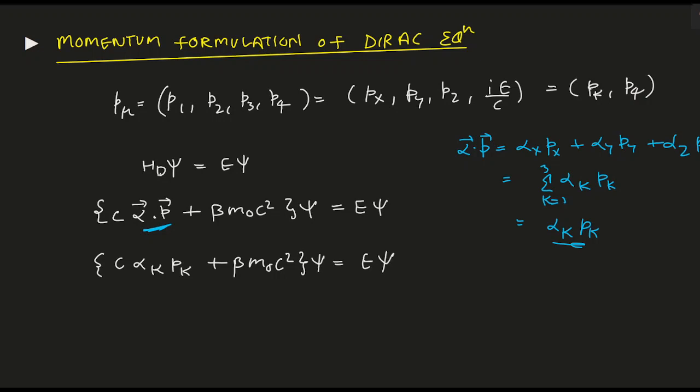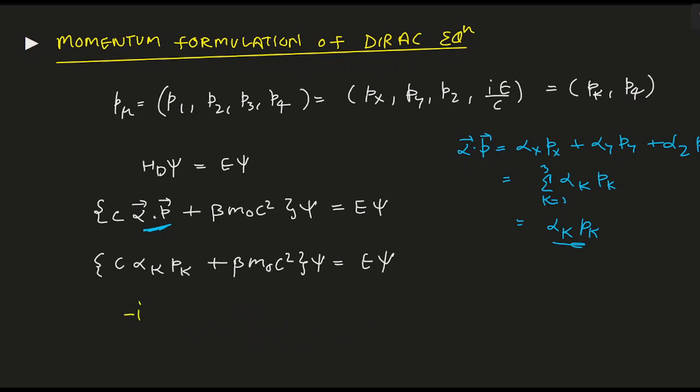Nice. Now it is a usual practice in relativistic quantum mechanics, whenever you see alpha k, you try to change this into gamma k. How do you do that? You know that minus i beta alpha k is equal to gamma k. This relation you know. So to make it minus i beta alpha k, you just multiply the whole equation by minus i beta. Let me do it.